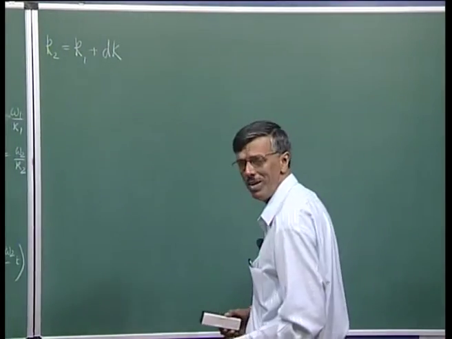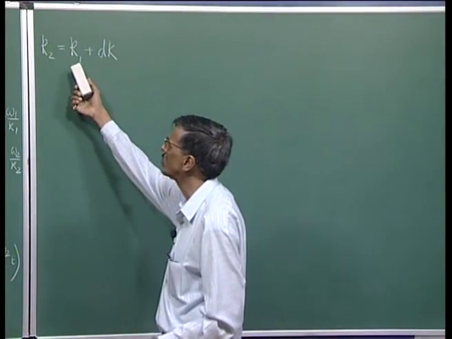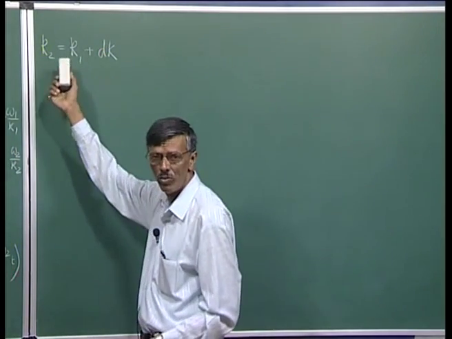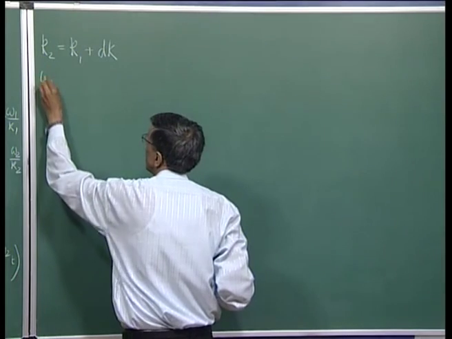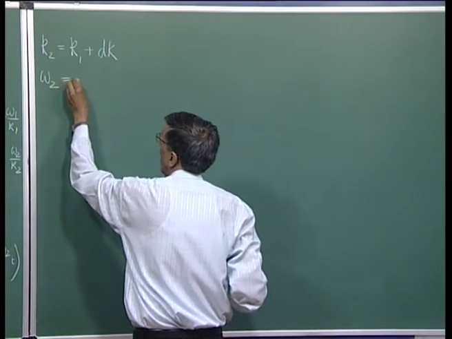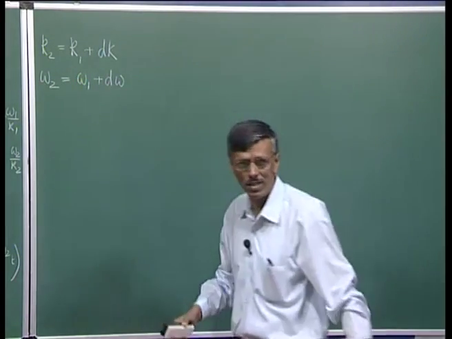So, if I have a dispersion relation and if I focus my attention on two neighboring wave numbers like k1 and k2, then the corresponding circular frequency would also be incrementally different, right.